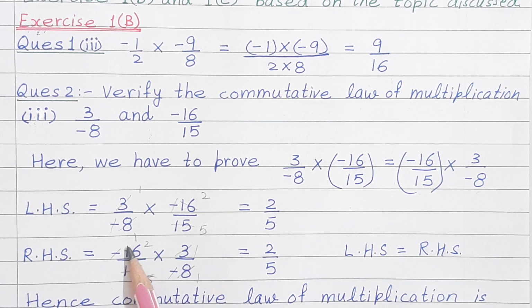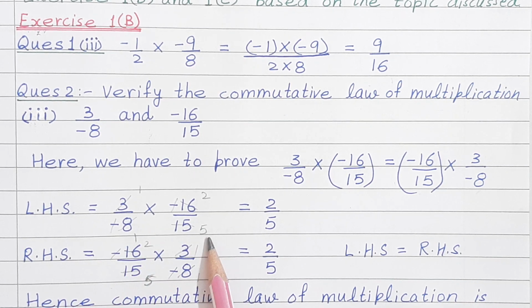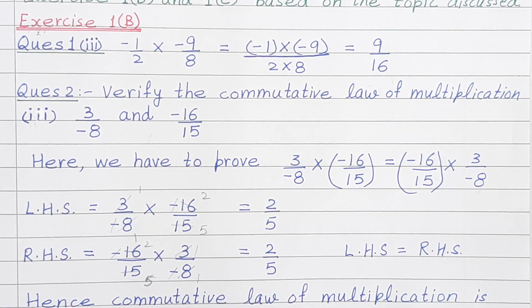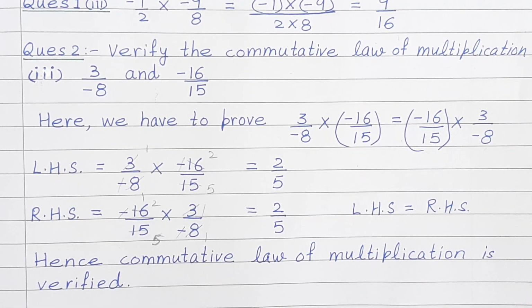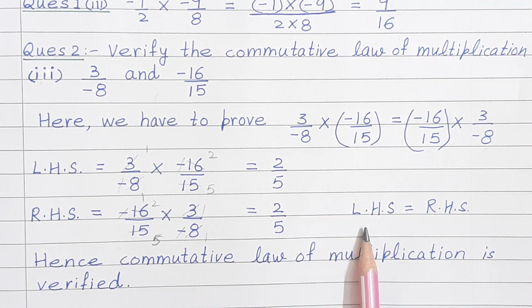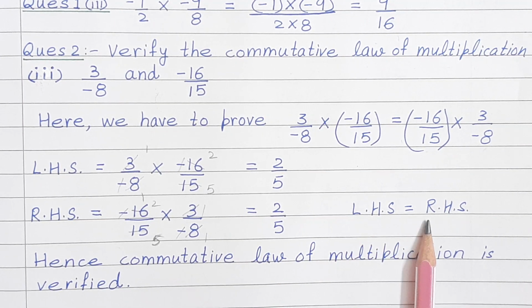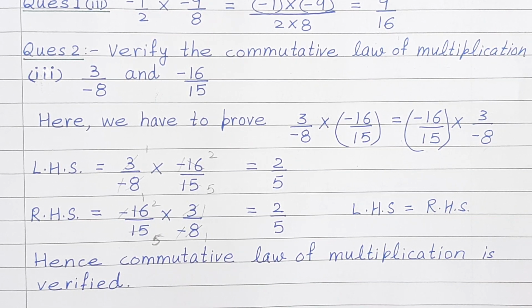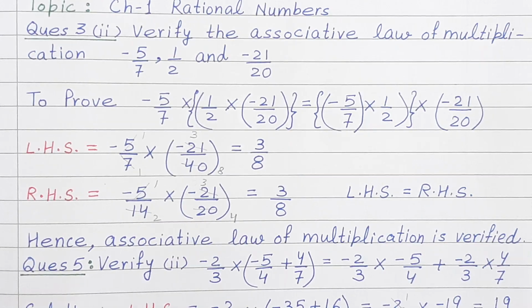Children, you need to show the steps and all the calculations here, right? And the right hand side is also 2 upon 5. Hence, since left hand side and right hand side both are equal to each other, commutative law of multiplication is verified. I hope it is clear to everyone now.